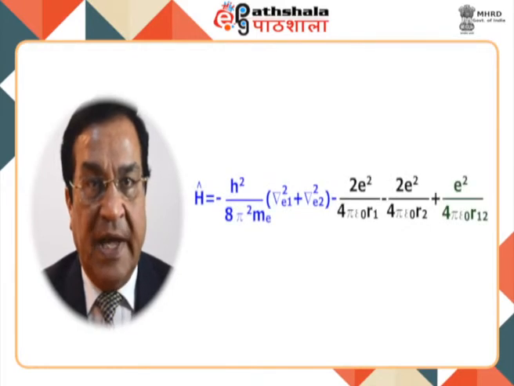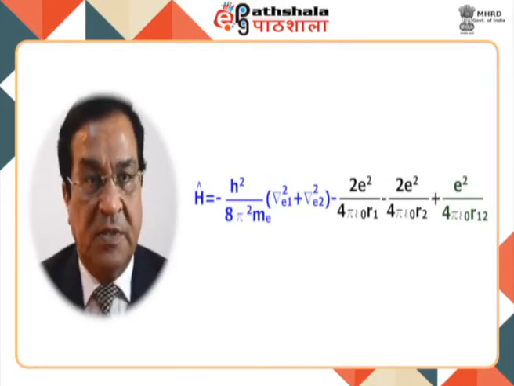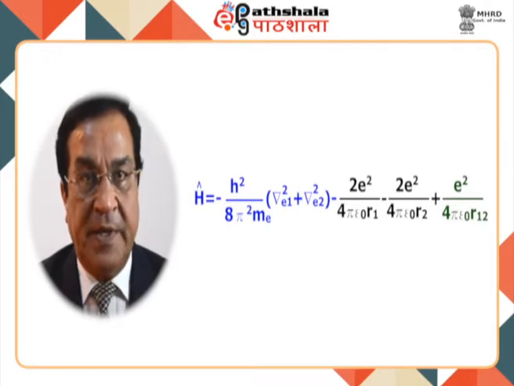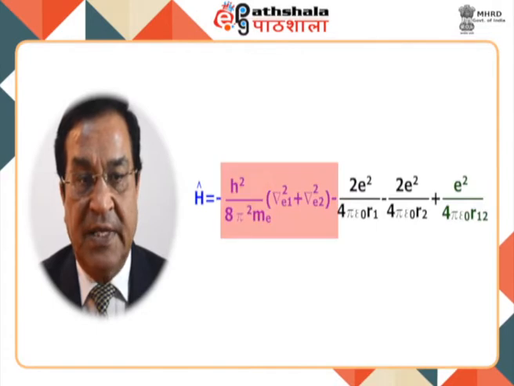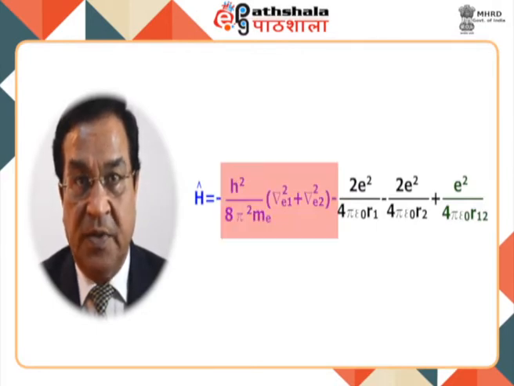And therefore the Hamiltonian with this assumption becomes H cap equals minus h square upon 8 pi square me, del square electron 1 plus del square electron 2.